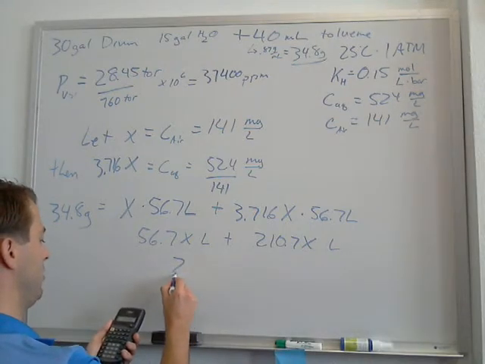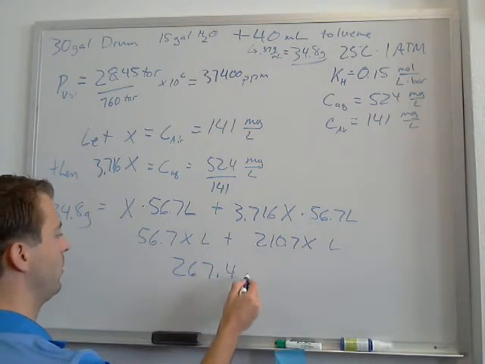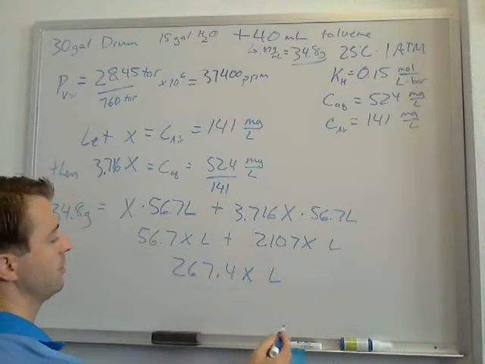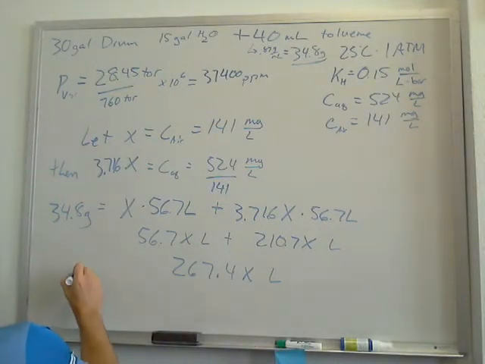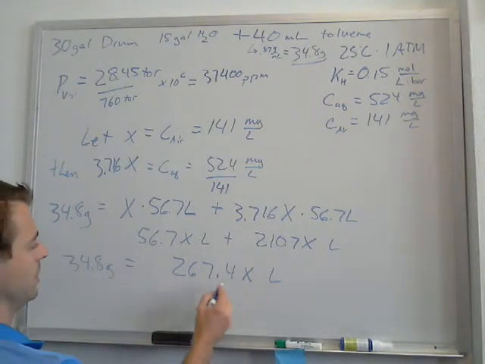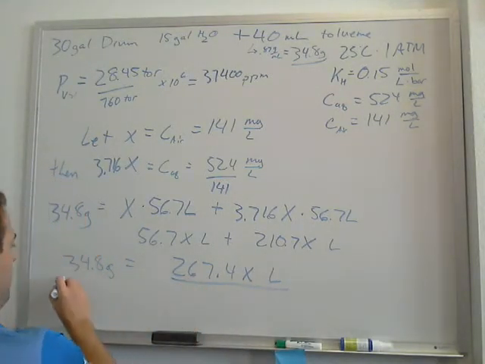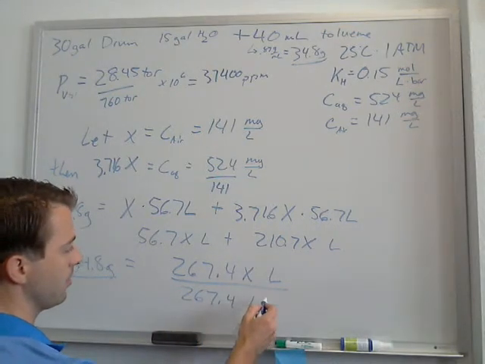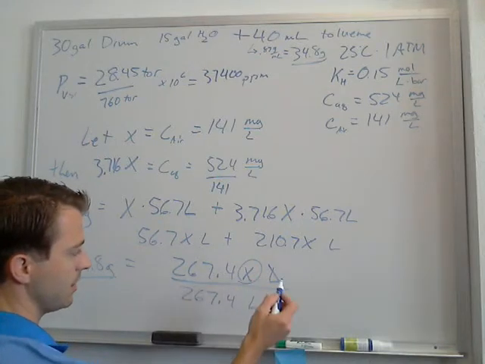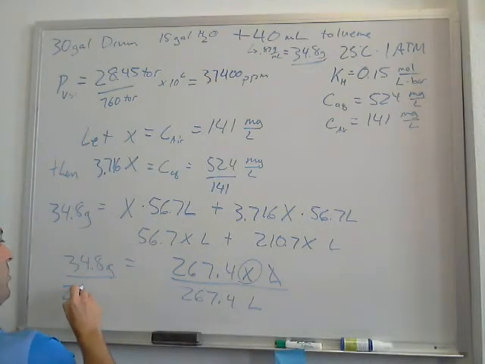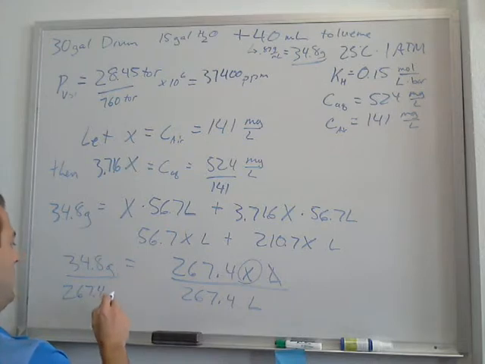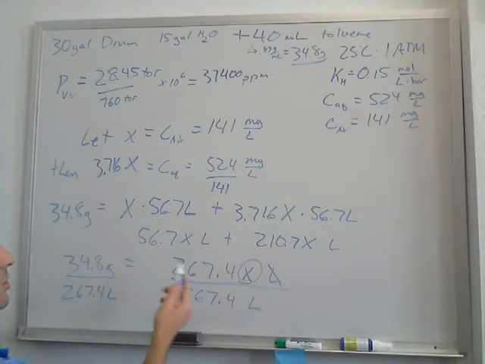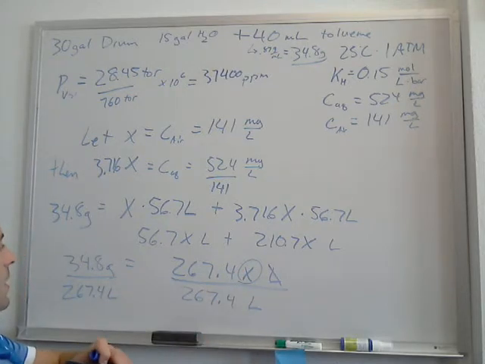So that comes out to 267.4 x liters. And so our 34.8 grams equals that, and if we divide out both sides by 267.4 liters, then we'll be left with just x, right? So 34.8 grams over 267.4 liters, and then we'll be in grams per liter units. So that's concentration units, which is true. That's what we had here originally.